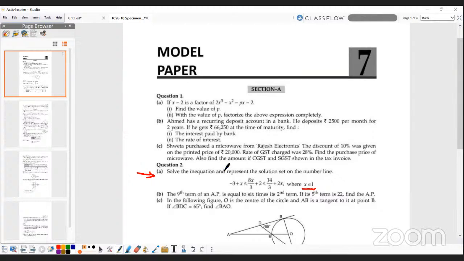So I hope each one of you is solving the inequalities separately and then combine both the results.